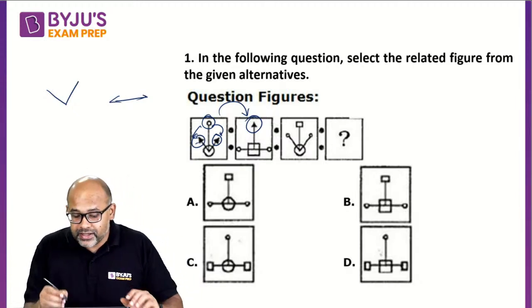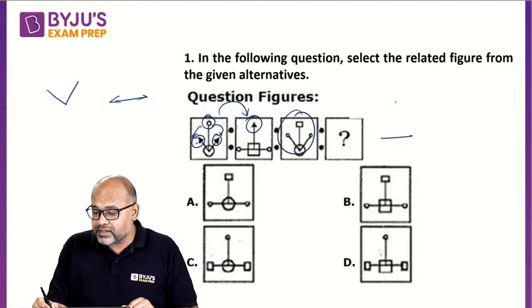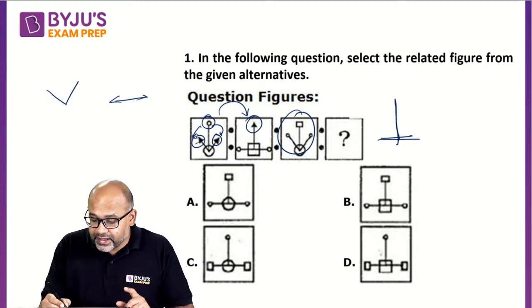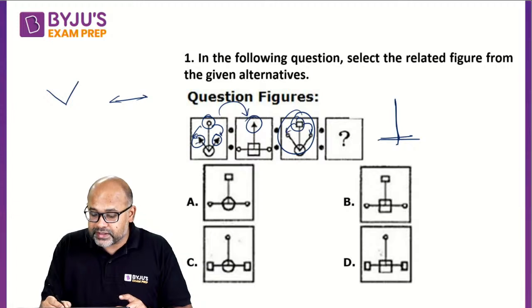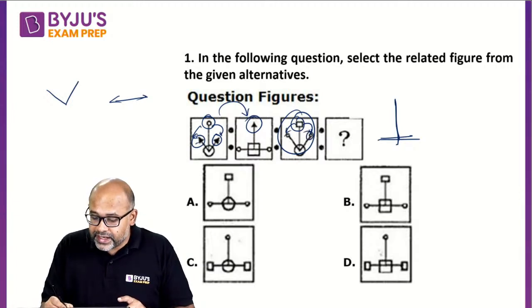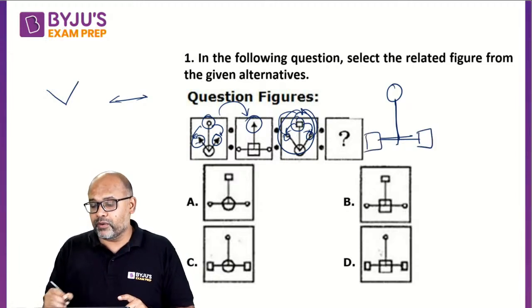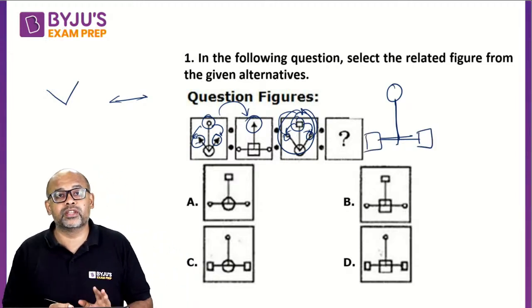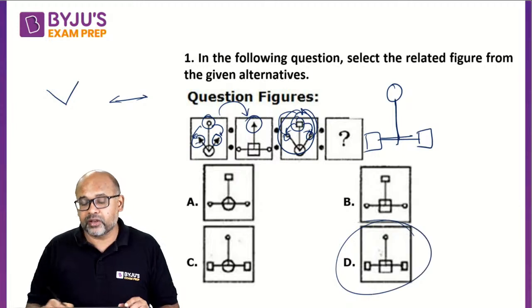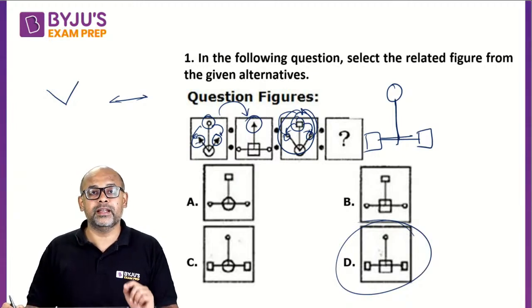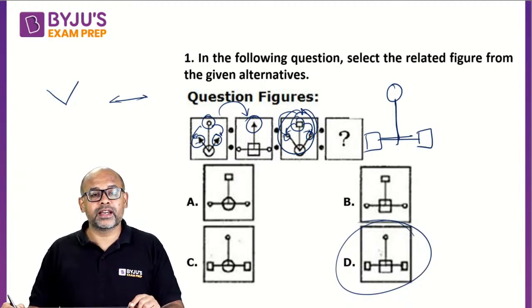So the logic is that whatever is here should be in this structure, horizontal and vertical. Whatever is here should come to the sides, and whatever is on the side should come on to the top. So the top should be a circle, and this should be a rectangle or a square, whatever else it is. The structure should be in this format, and you can see that is happening only in figure D. Hence D is your correct answer.